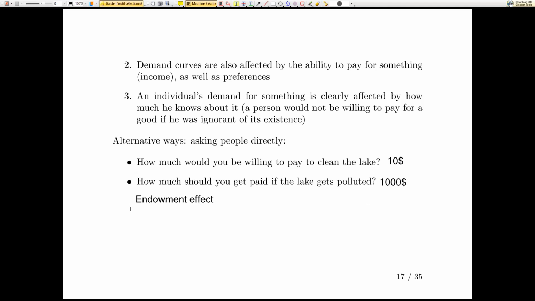So that's one thing. Another problem is strategic answers. Answering strategically. So what do you think is going on there?